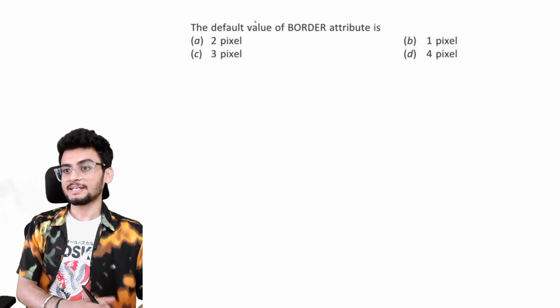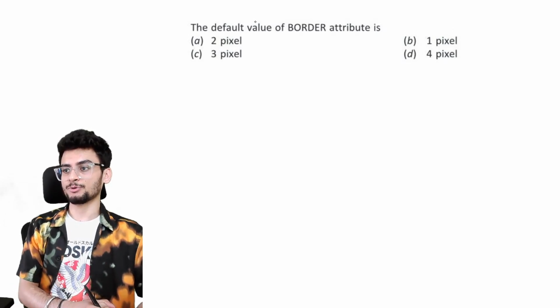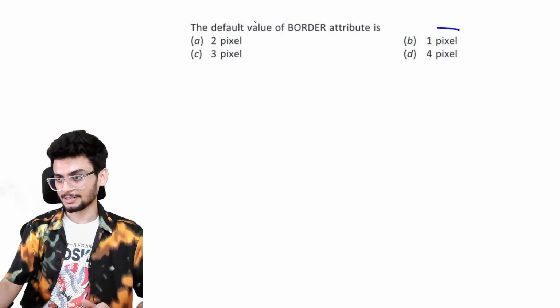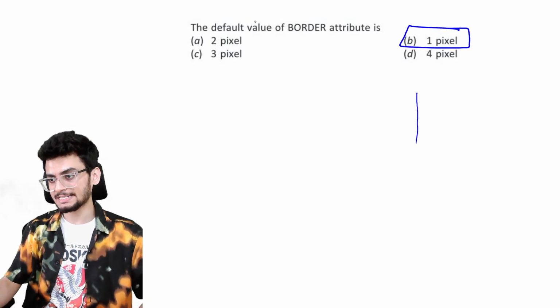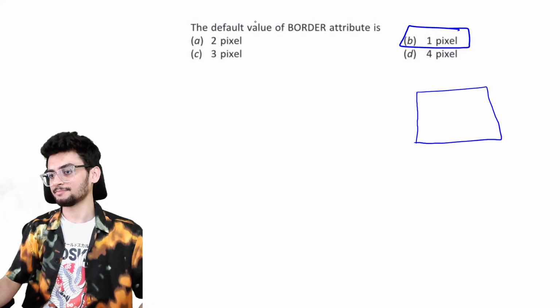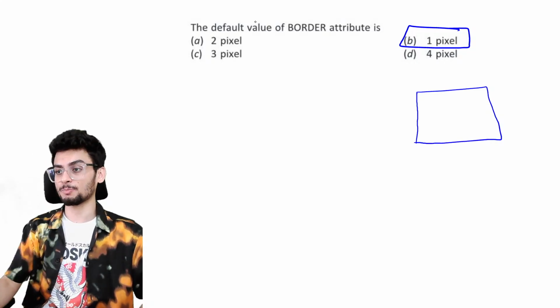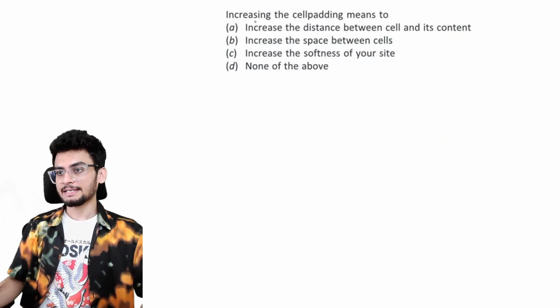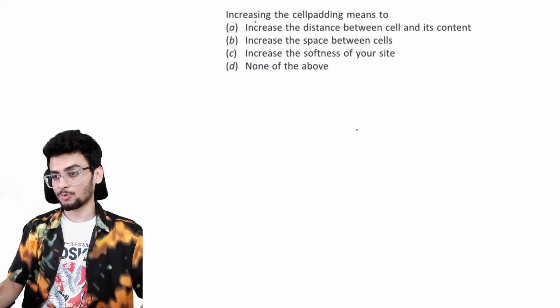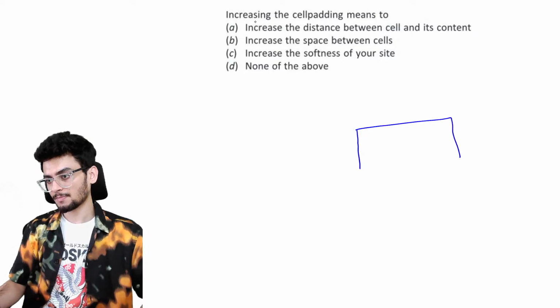ठीक है. The default value of border attribute is 1 pixel. जब भी आप कोई टेबल क्रिएट करोगे उसमें बॉर्डर एटलीस्ट 1 पिक्सल वाइड होगा. नहीं तो अगर आप 0 पिक्सल करोगे तो you won't be able to see the border. Increasing the cell padding means to... Now please remember what cell padding is.